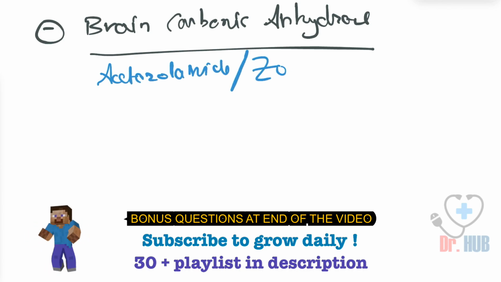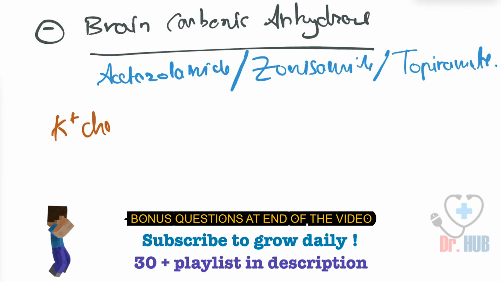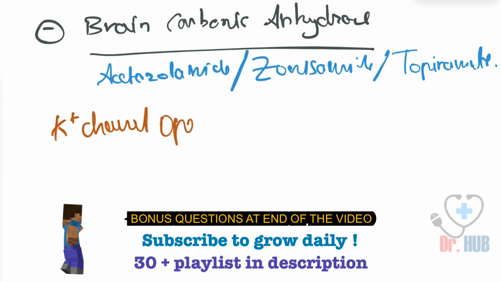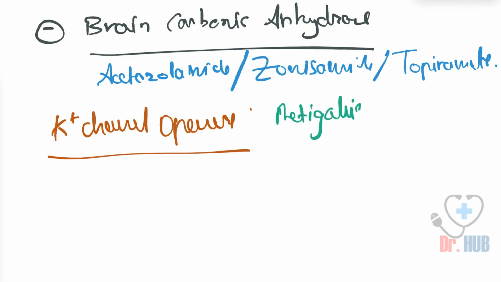Then there is also the zonisamide and also the topiramate. Then we look at the potassium channel openers. So under the potassium channel openers, it includes retigabine, and also the topiramate.